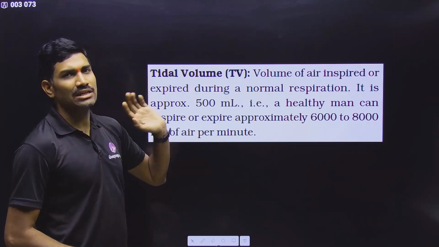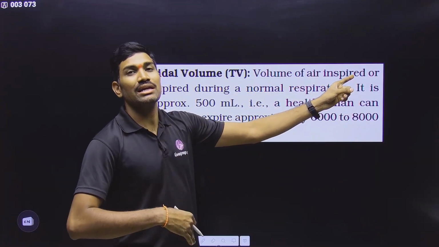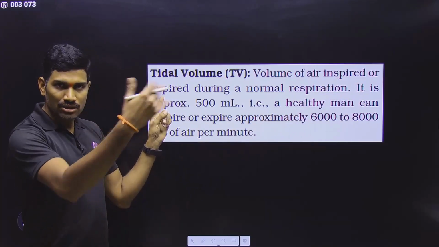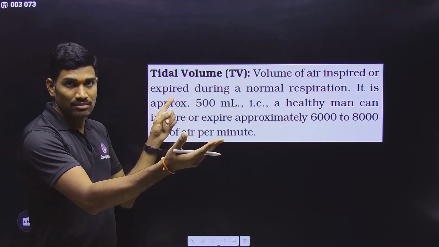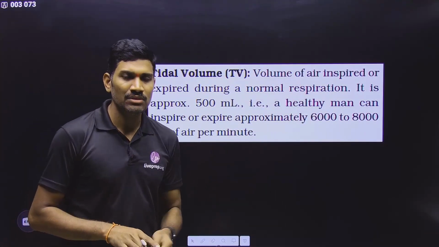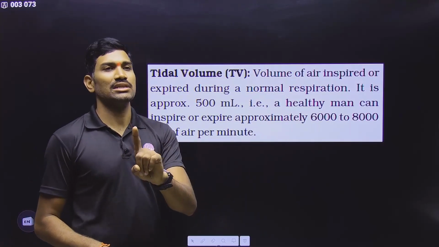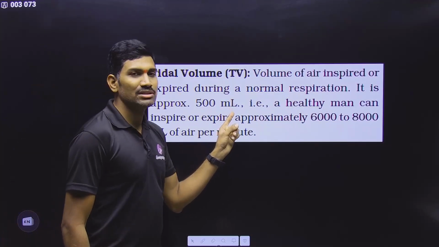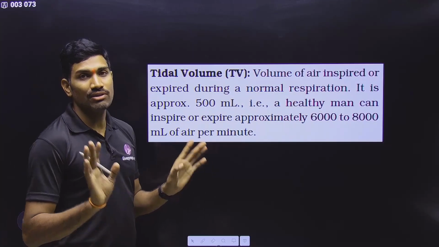Now let us see, what is this tidal volume? Volume of air that is inspired. How much you are taking in? It is not R, it is TV, that you can take. Volume of air expired during normal respiration. In the normal breathing or respiration time, the amount of air taken in or released out, anyone you just take, that is called tidal volume, and its volume is approximately 500 ml, not liter. 500 ml means half liter.